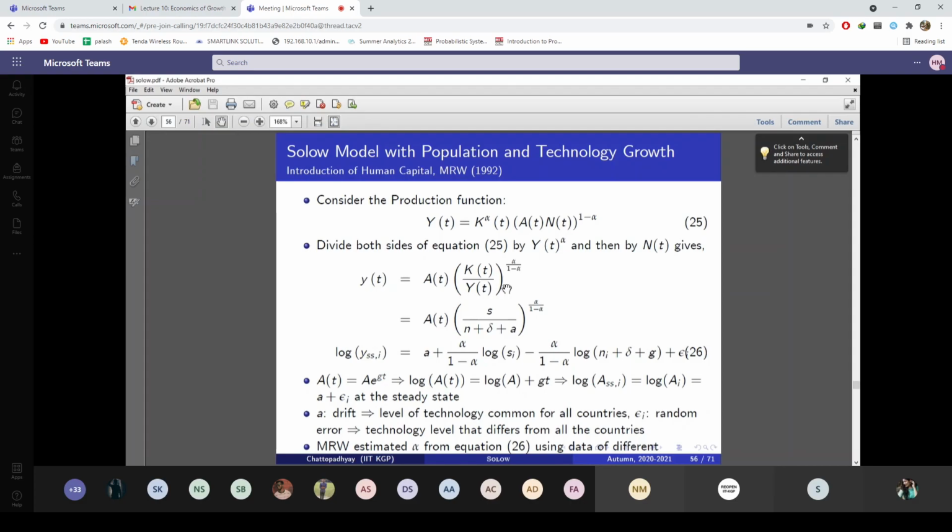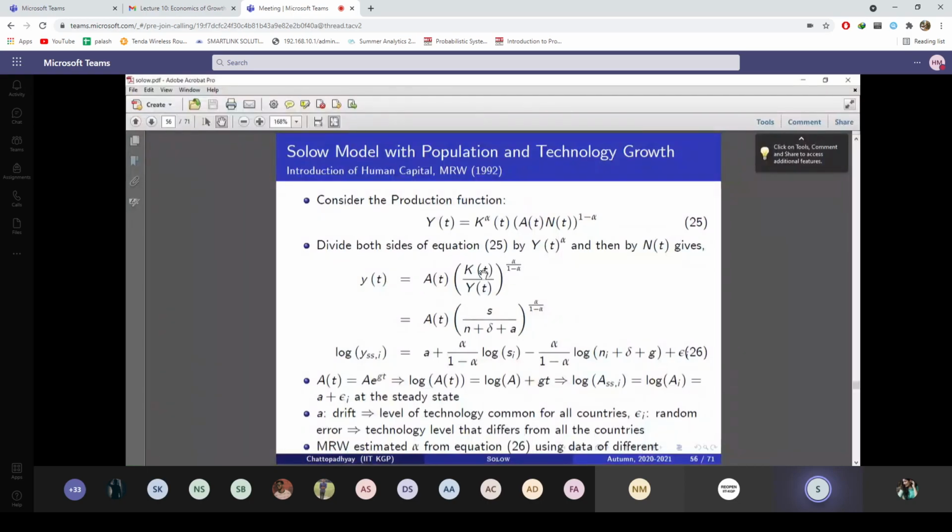Sometimes it is called the balanced growth path, because at the steady state, all the per capita variables are growing at the rate of technology. All the physical variables are growing at the rate of technological progress plus the rate of growth of population. So along the balanced growth path, all physical variables grow at the same rate, all per capita variables grow at the same rate.